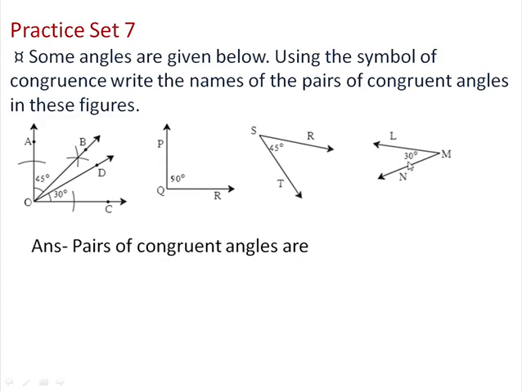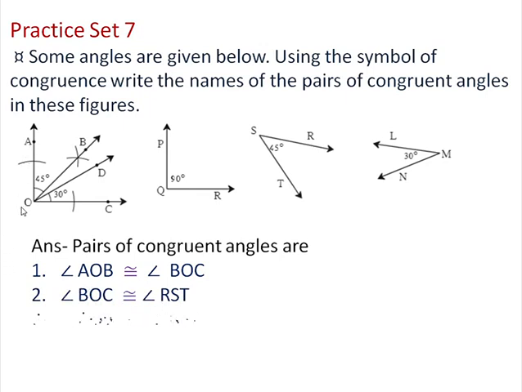Now, we will find the pairs of congruent angles, that is the angles having equal measures. So, from the first diagram you will see angle AOB and angle BOC are congruent because both are of 45 degrees. So, you will get the first pair, angle AOB congruent to angle BOC. Now, angle BOC is of 45 degrees and angle RST is also 45 degrees. So, the next pair is angle BOC is congruent to angle RST.